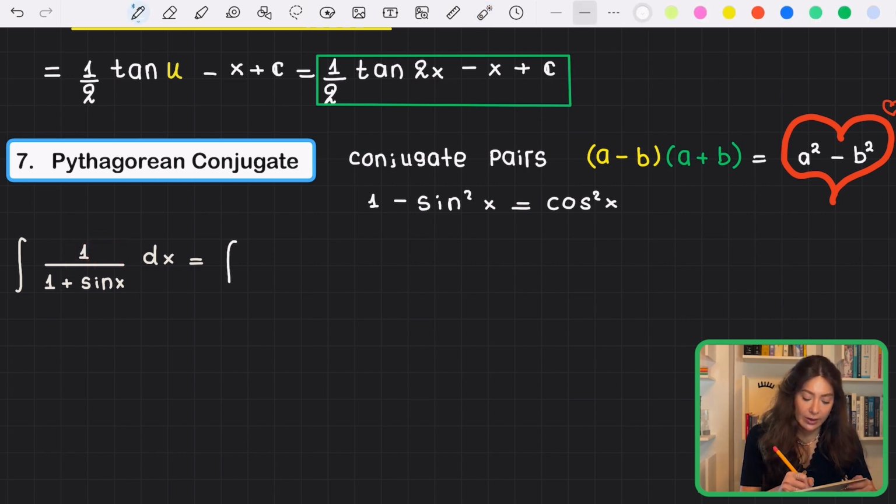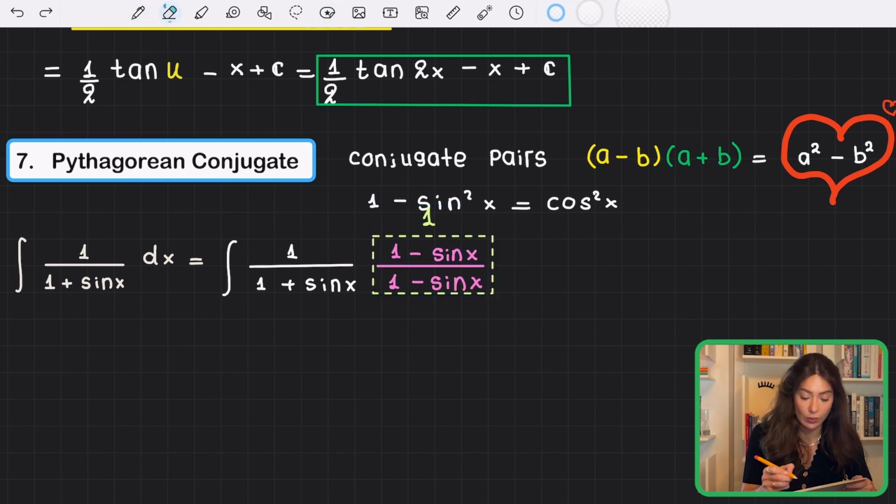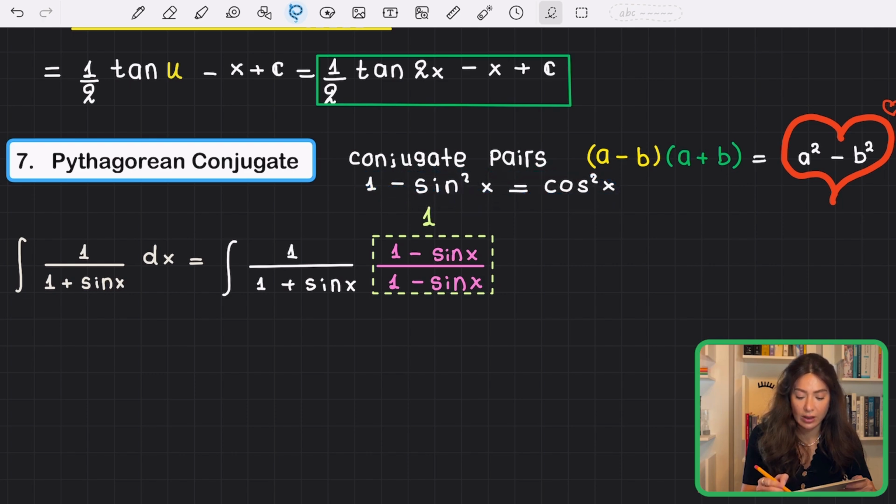Okay, so I'm going to multiply it by the Pythagorean conjugate, which is this expression, 1 plus sine x with an opposite sign in between, which is minus. And this whole fraction equals 1, correct? So that's why I'm able to do it. You can multiply anything by 1 without upsetting anyone.